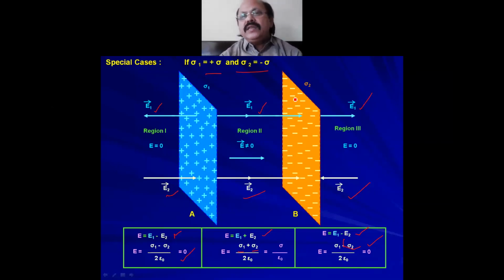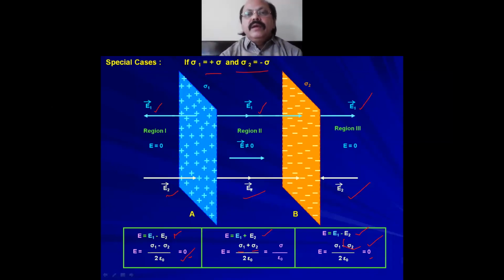That's why the direction of the electric field intensity in the second region is the same for both plates. And in region 1, they are in opposite direction. In region 3 also, they are in opposite direction. So that's why we take only sigma in place of sigma in all three cases. That's why you get 0 here, sigma upon epsilon naught here, and 0 here.